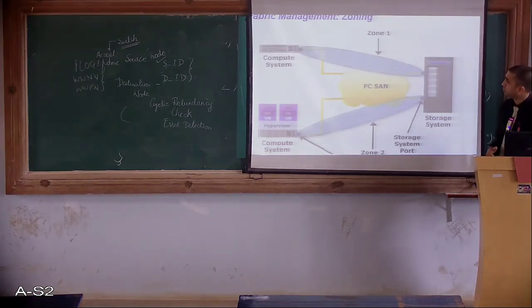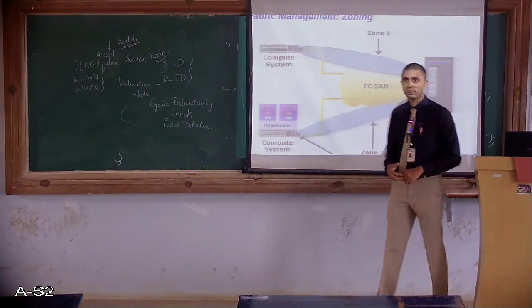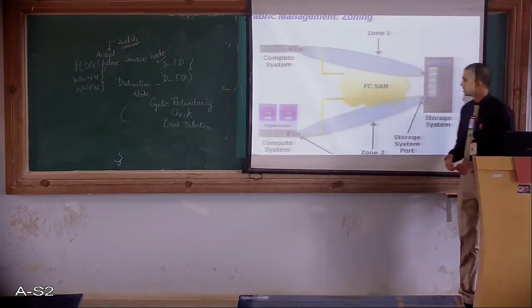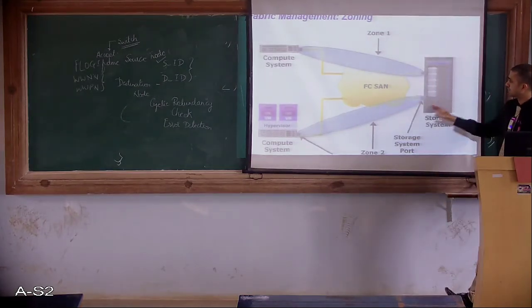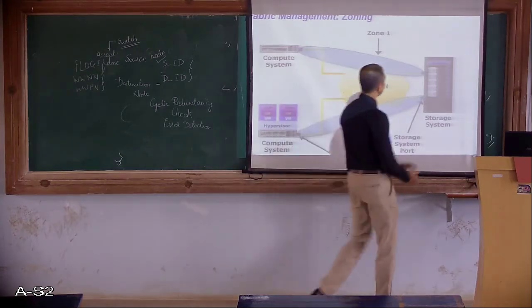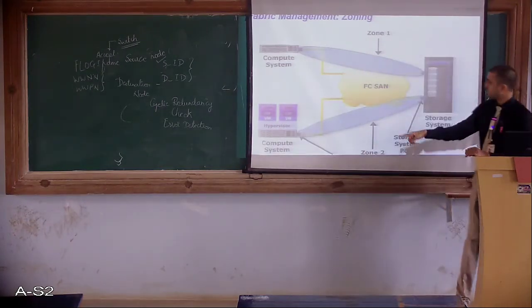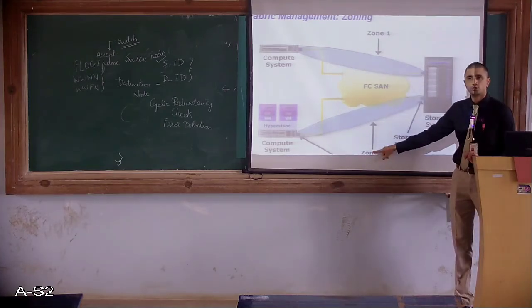So the next topic that we're going to discuss is fabric management, and that is called zoning. So this is the fiber channel storage area network. So this is a storage system. These are all the nodes which are connected to this fiber channel storage area network. As you can see, this blue color oval, this is zone 1 and zone 2.